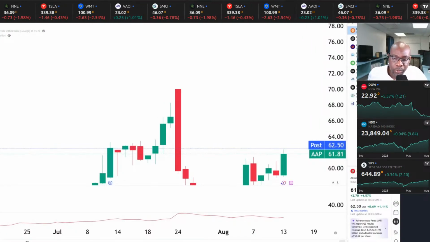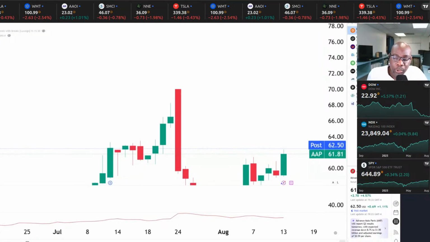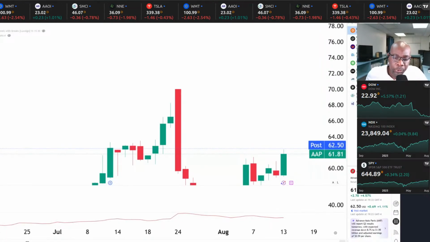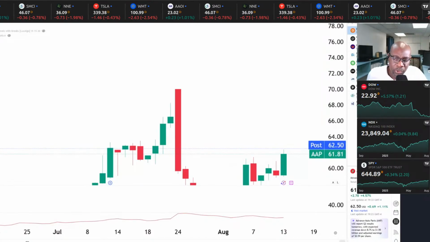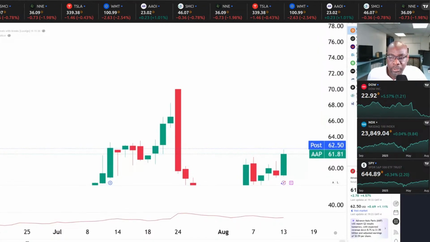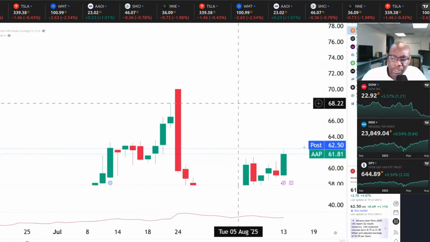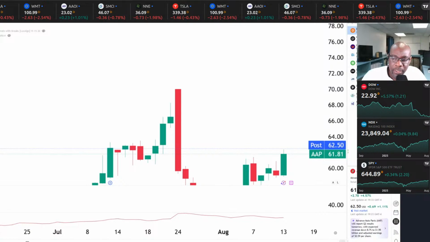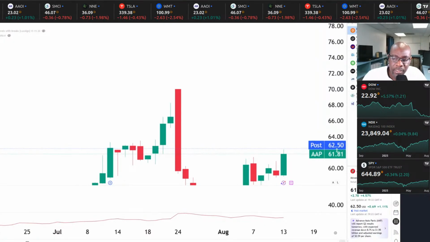If you have a broker like E-Trade or Interactive Brokers, you can request the trade after hours. For the first hour and a half after the market closed, you can still trade. And big institutional traders, that's what they typically do. They trade after hours. And after hours, the price went up roughly about 80 cents, right? It went up to $62.50.